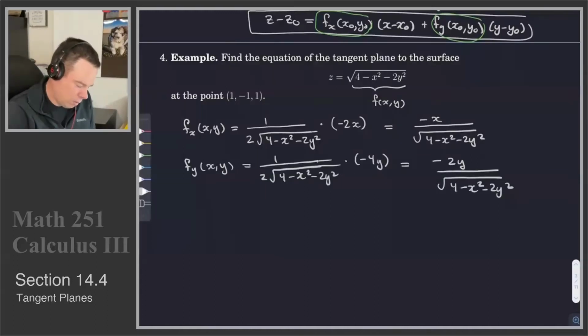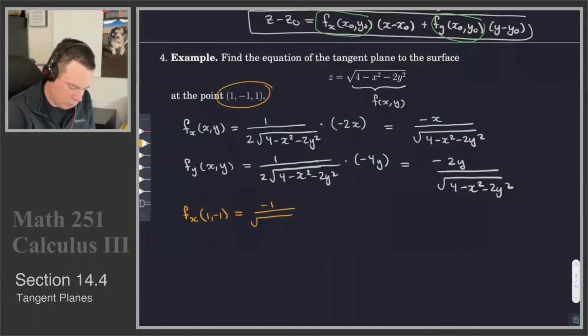Now we're interested in the particular point in question. So we'd like to know what the x partial is at (1, -1). We plug our 1 and our -1 in. So that becomes -1 over the square root of 4 minus 1 minus 2, or in other words, -1 over √1, or just -1.